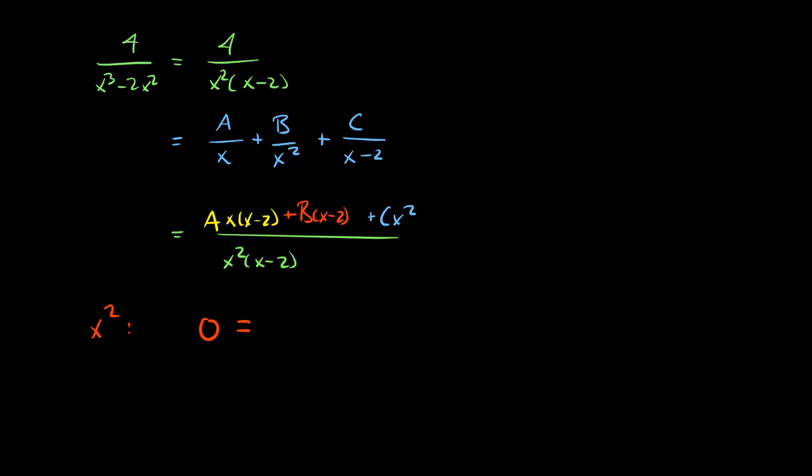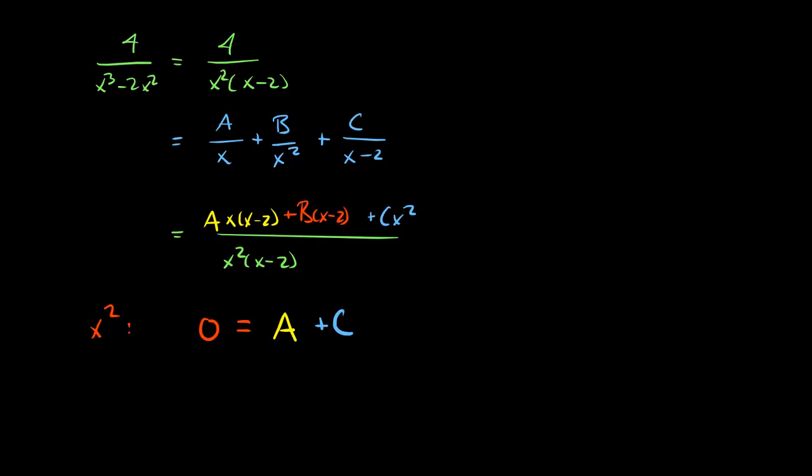On the right-hand side, I'm going to get an x squared out of the A. There's a single x squared that would come out of that one. So A times x squared. And then I have the C times x squared. So there's A x squareds from here and C from the next.